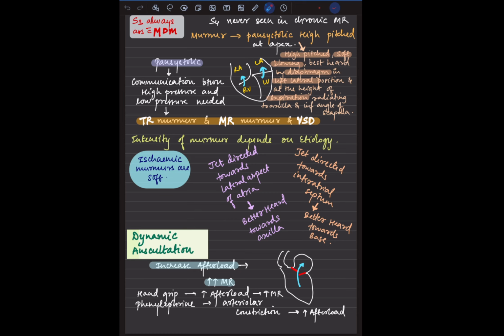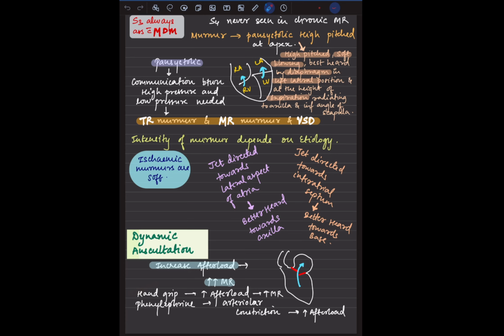Okay. So now coming to the dynamic auscultation. We all know that MVP and HOCM have the same type of dynamic auscultation. Okay, so whenever there is an increase in the afterload, it increases the MR. We have already seen that afterload is increased by hand grip.